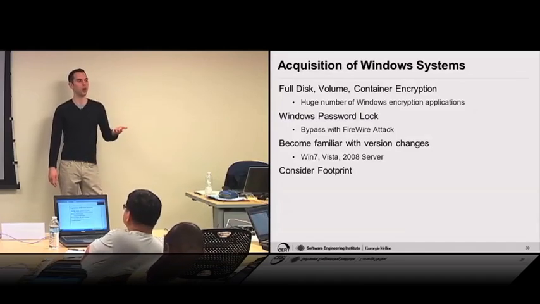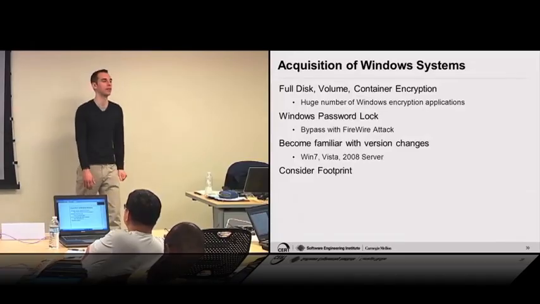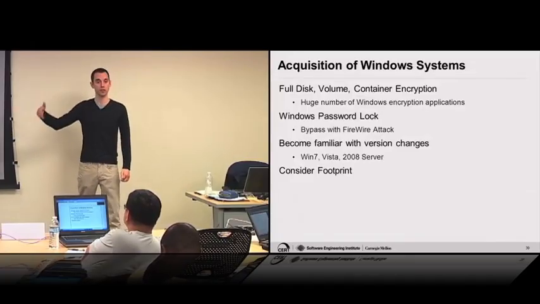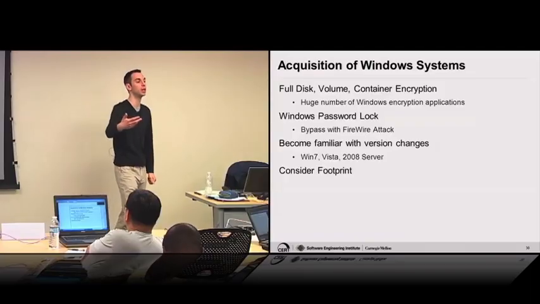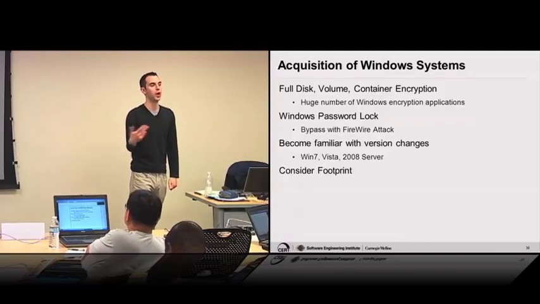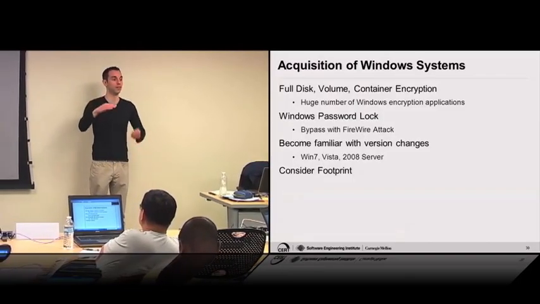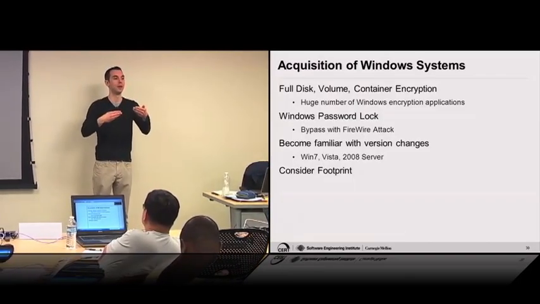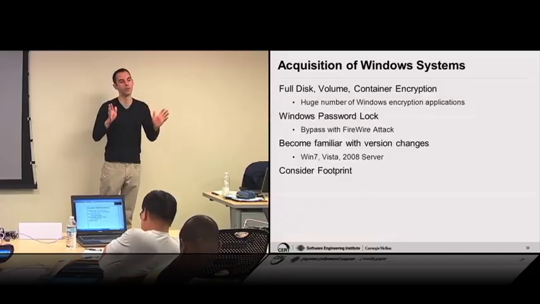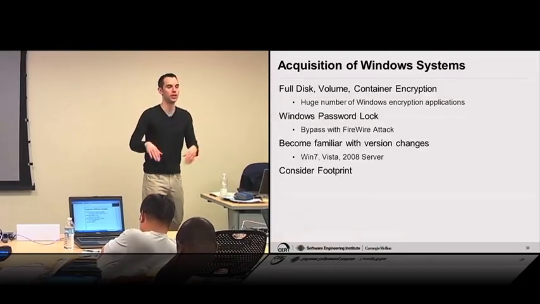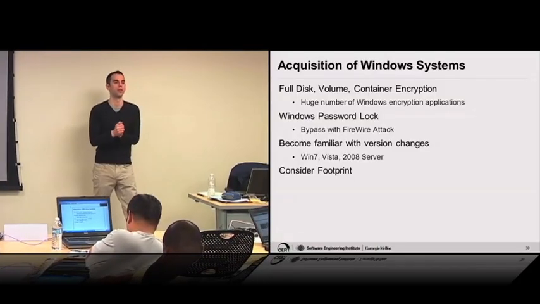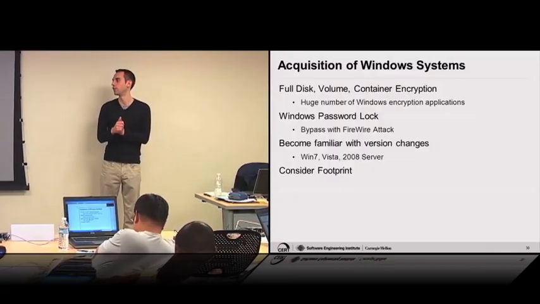The protocol that it uses allows you to access, image, and in some cases manipulate memory through the FireWire bus. So this is a mechanism by which you could edit memory and change the flag in memory to say it's now unlocked, for lack of a better explanation. Or you could edit the credentials that were being used on the system.